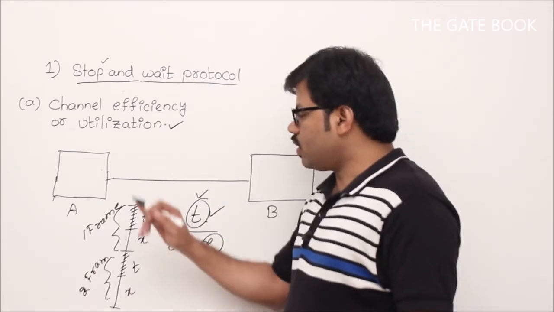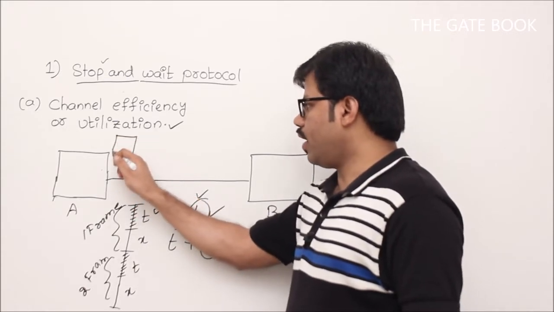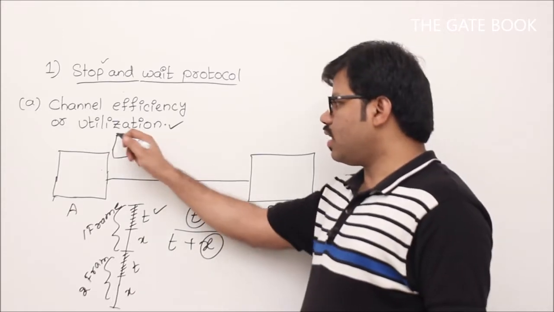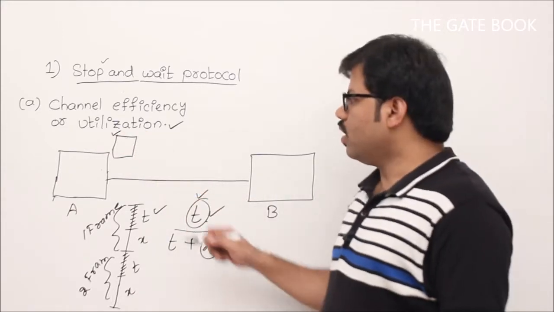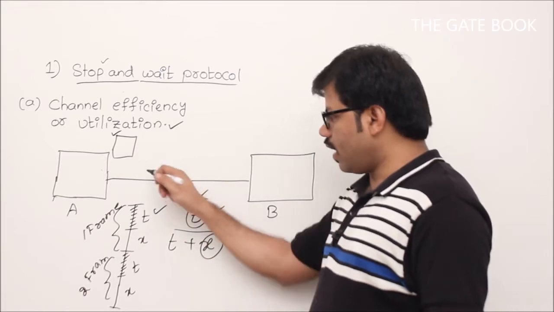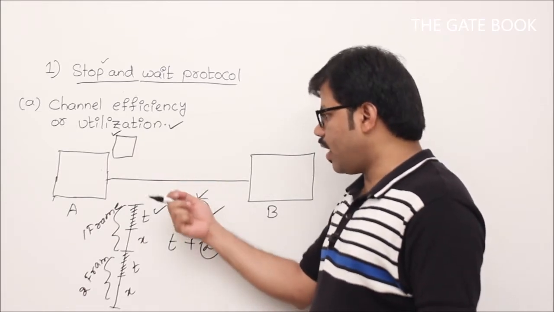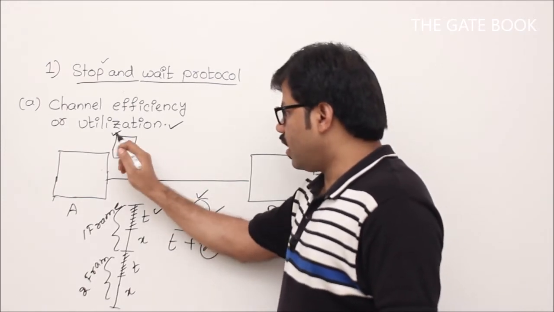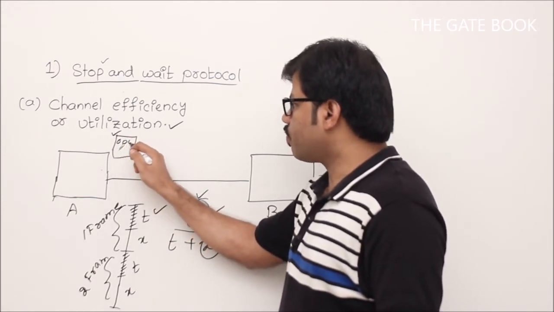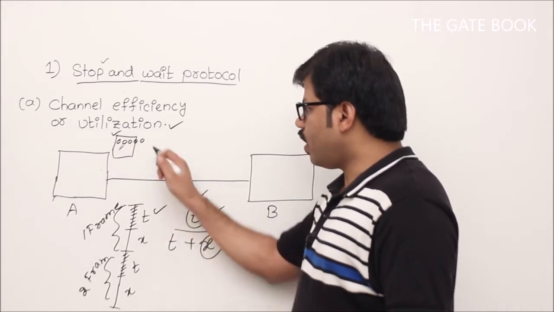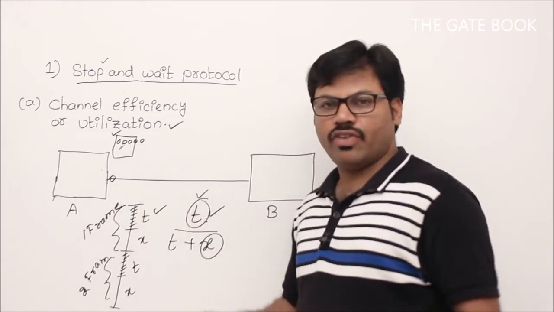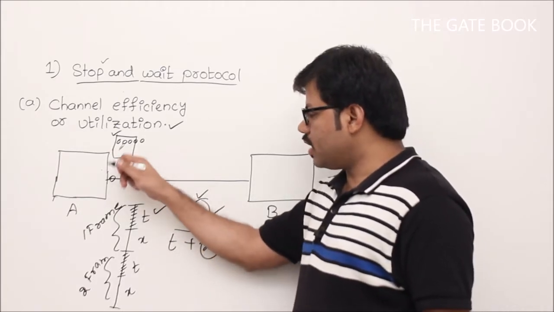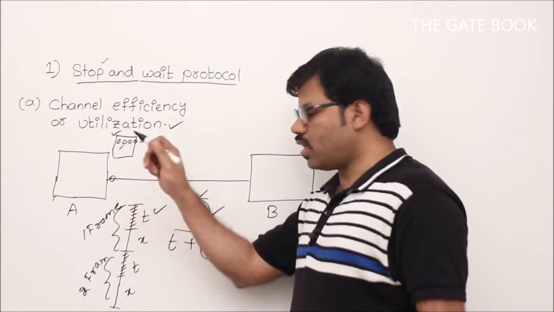Now, this is your frame, right? What is T? The frame transmission time. We can calculate frame transmission time easily, as we have seen already. It depends on the bandwidth of the channel and, second, the frame size. Imagine there are some bits in this frame. The first bit immediately comes onto the line, we can assume, so it takes a negligible time. After that the first bit starts running on the line.